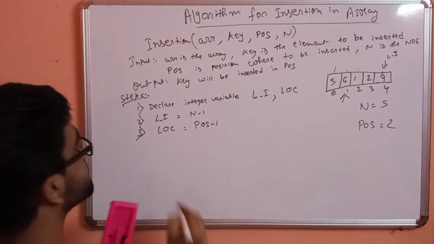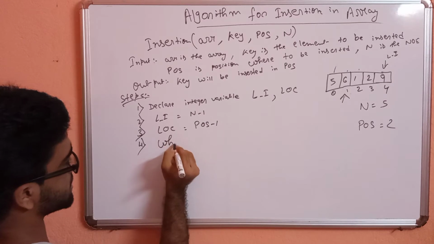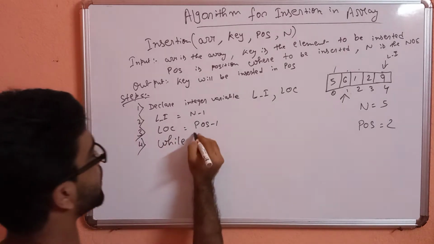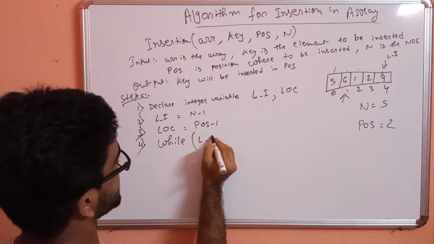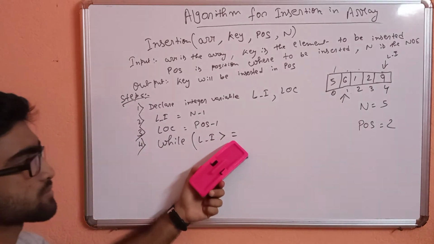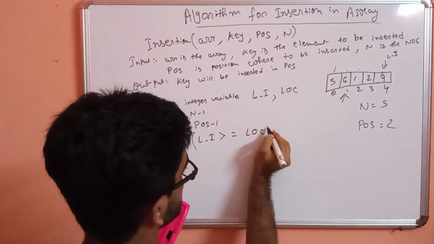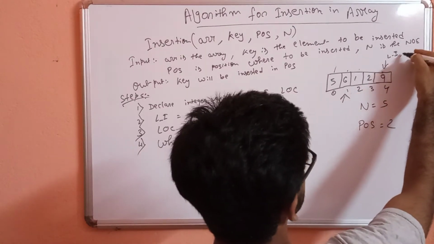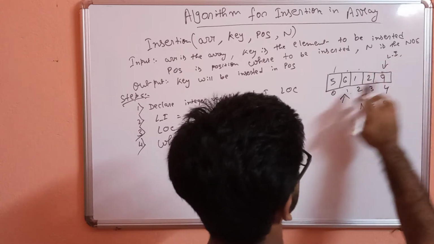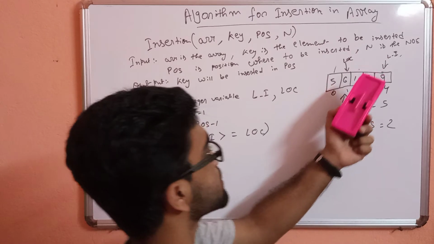Okay, understood? Now step 4, we have to write a loop. While last index is greater than or equal to LOC. This is the LOC.